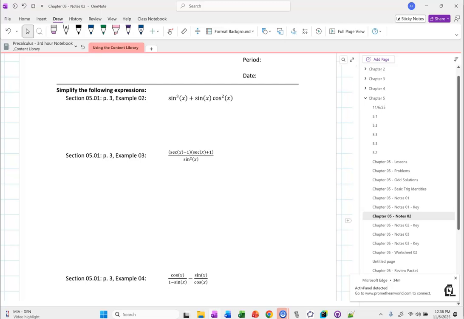So if I see that I have 2 terms, right, I have something plus something else, usually the first thing I'm going to look for is, can I factor? Is there a factoring that can be done with sine cubed x plus sine x times cosine squared x?